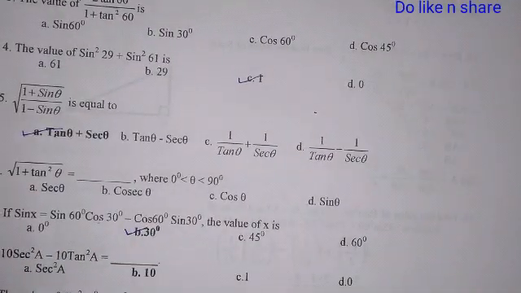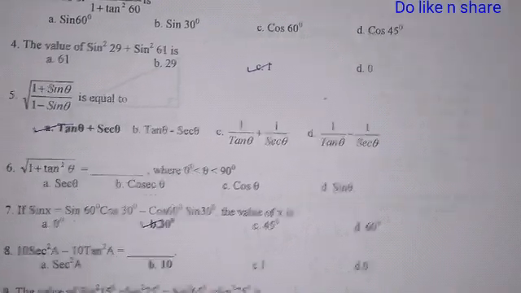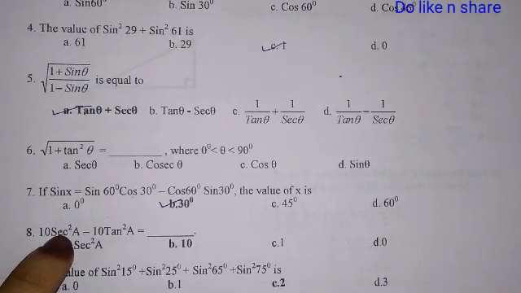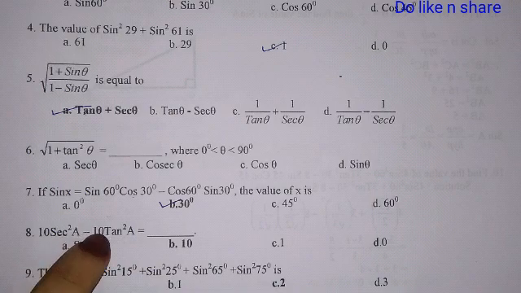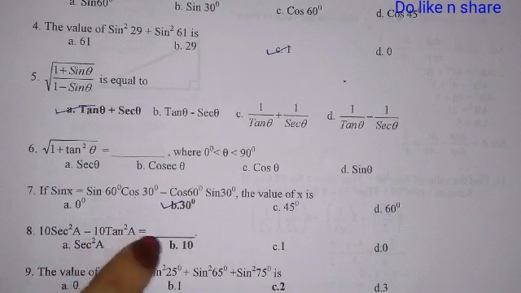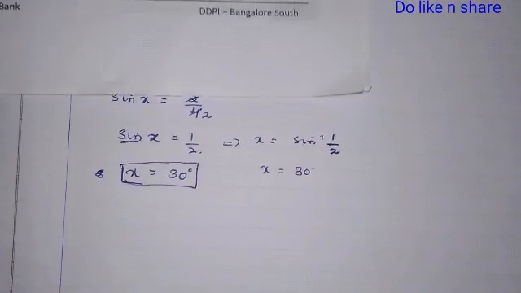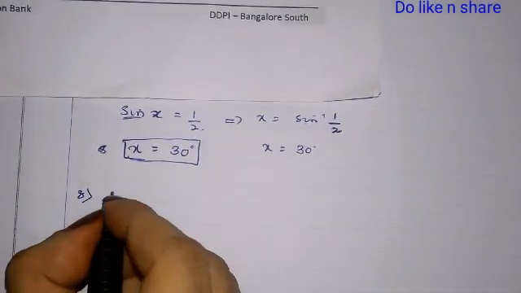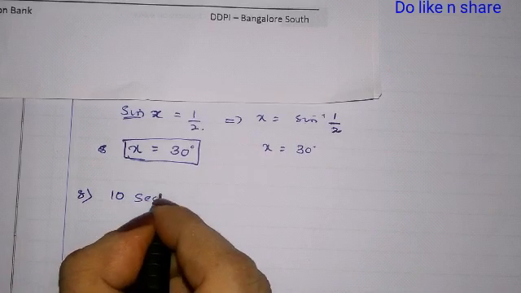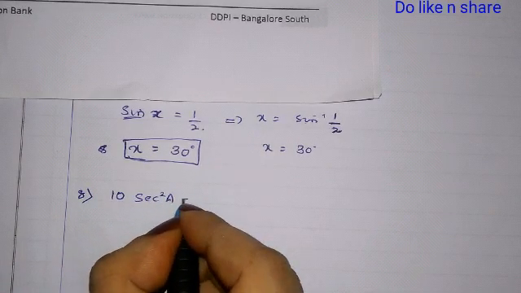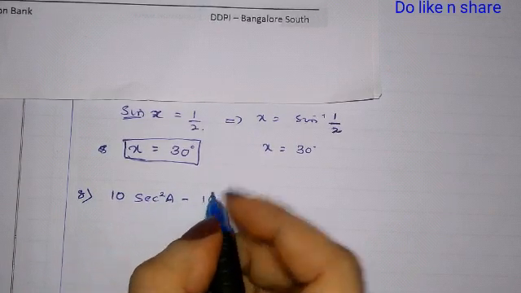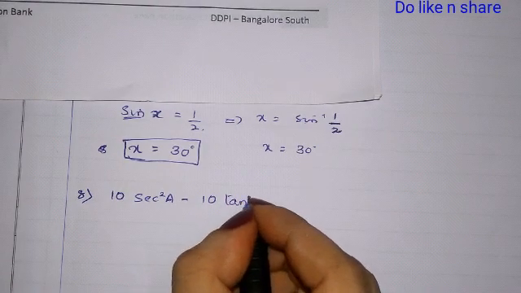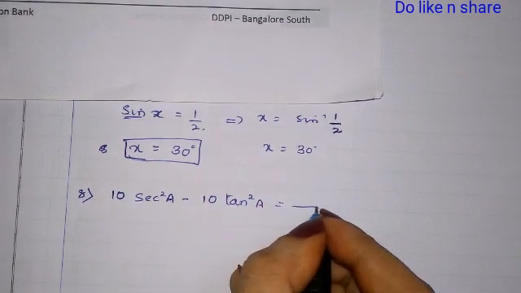Okay. Now here the next question is 10 sec square a minus 10 tan square a is equal to dash. Okay, question number 8: 10 sec square a minus 10 tan square a is equal to dash.